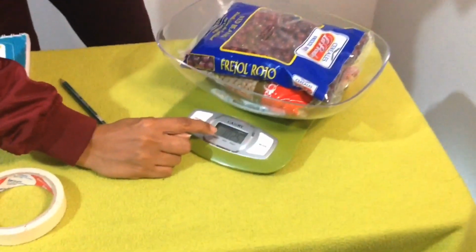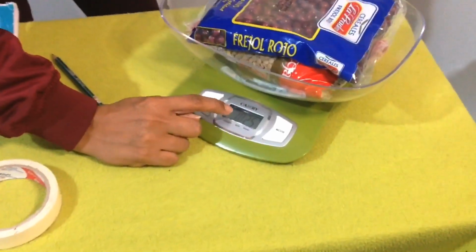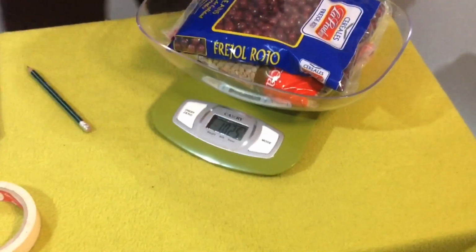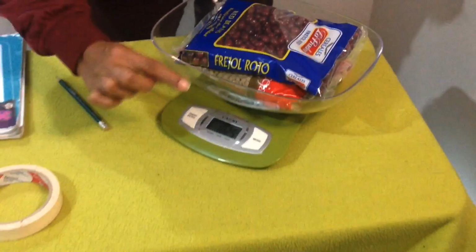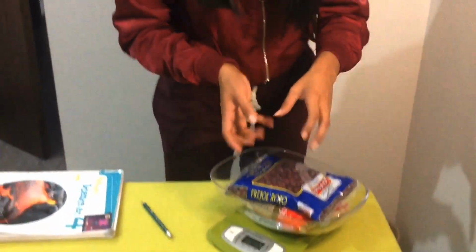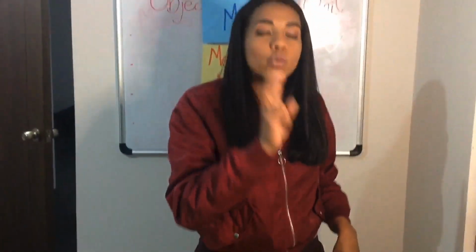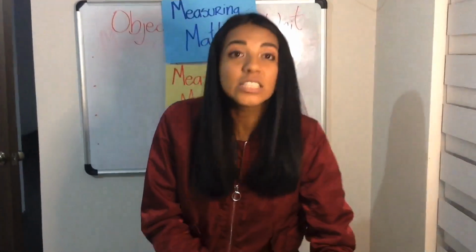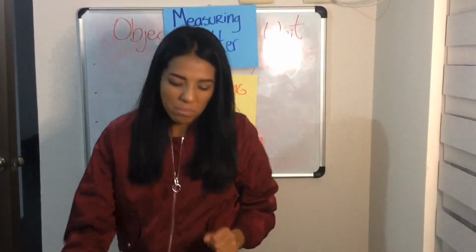It's going to see that it has 1,000 grams and 25. But 1,000 grams, it means that it has 1 kilogram. So both of them have 1 kilogram and 25 grams, because 1,000 grams are going to be 1 kilogram.